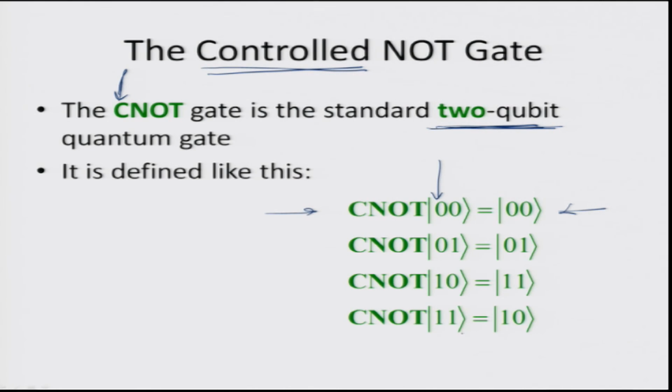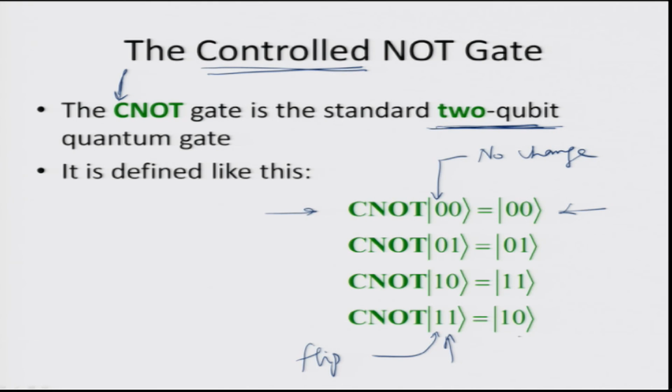So, your operation and the control essentially gives rise to what is going to happen. So, the 1 flips the bit and the 0 is no change. So, that is your control. The first bit is your control, that is working on the other one to do the NOT, right.